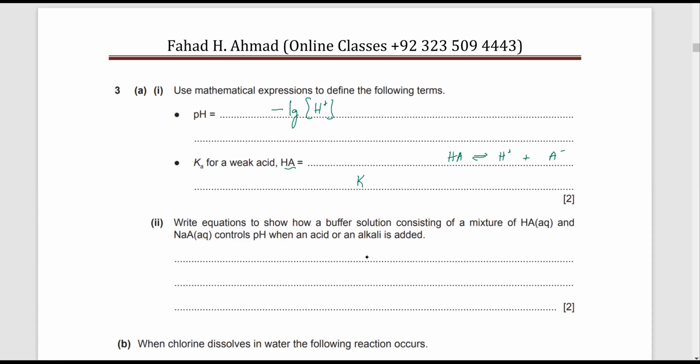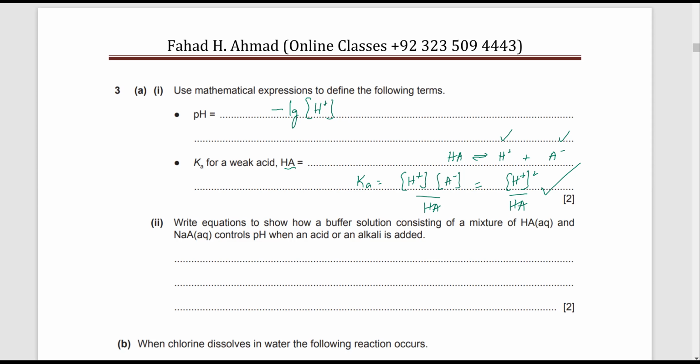So Ka is going to be H plus times A minus divided by HA. Or you can write it as H plus squared, because these two have the same concentration, divided by HA. So you're going to write both of the expressions, because I'm not sure which expression he's asking.